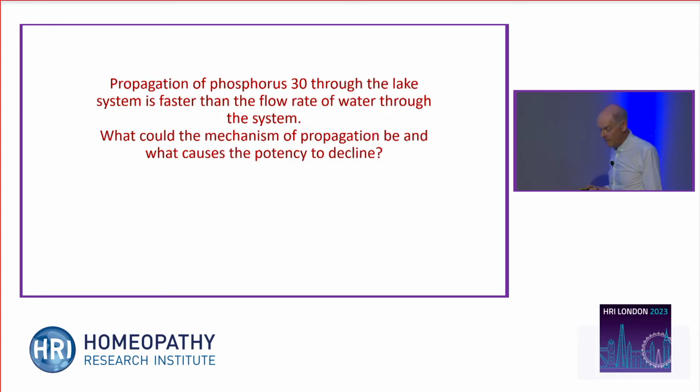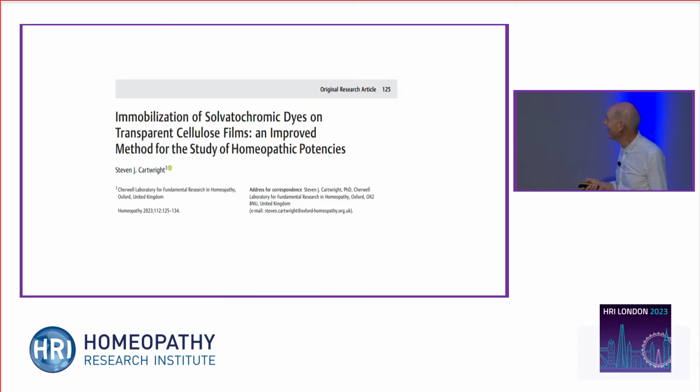What might be the mechanism of the propagation of phosphorus 30 through this lake system? The propagation is faster than the flow of water. So it's an interesting question, which I'm not going to answer just yet, because I'm going to divert slightly.